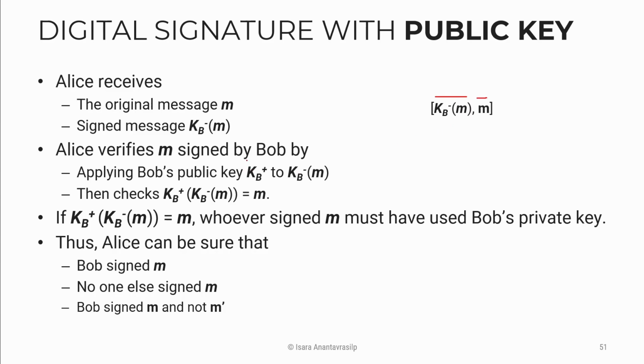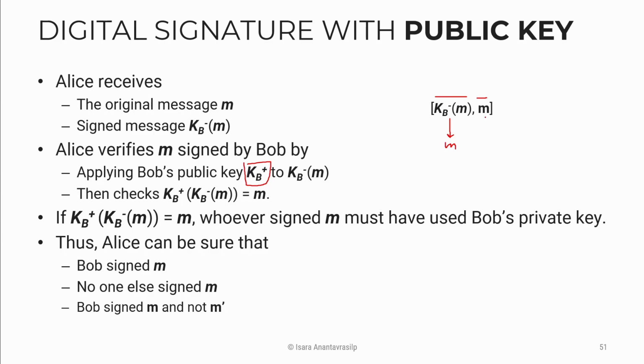What she is going to do is apply Bob's public key to this encrypted message K_B^-(M), and as a result, she is supposed to get the original message M back, because Bob is the only one that can encrypt using Bob's private key, and Bob's public key is the only key that can decrypt a message that is encrypted using Bob's private key.